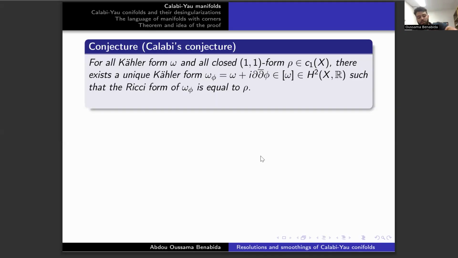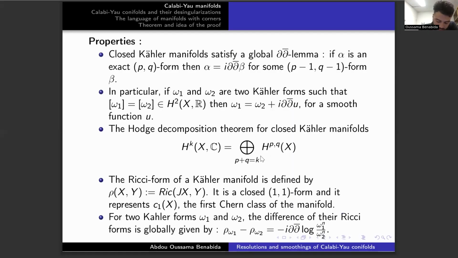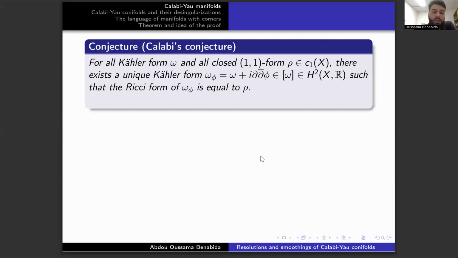So now we get to an old conjecture. It's called the Calabi-Yau conjecture, which is a converse to this point here. Here we said that the Ricci form is a closed (1,1) form and it represents the first Chern class. So the Calabi-Yau conjecture says basically the opposite.